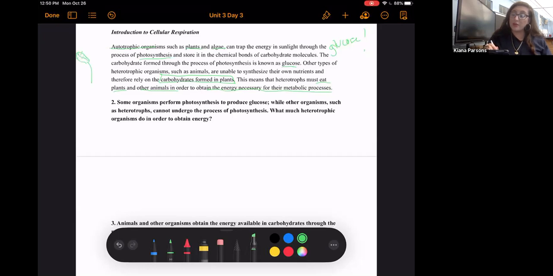And then that glucose is used as the fuel for cellular respiration, right? So green plants, they just need the sun, the oxygen and carbon dioxide in the air, and they are able to live life without the input of other organisms because they have this cyclical process that occurs.